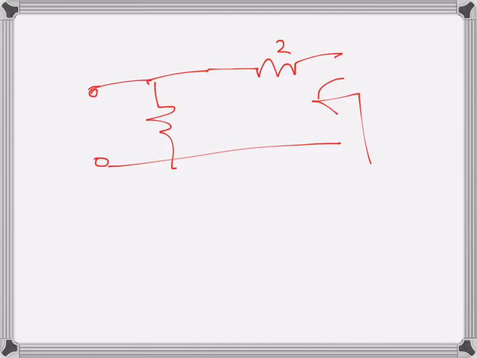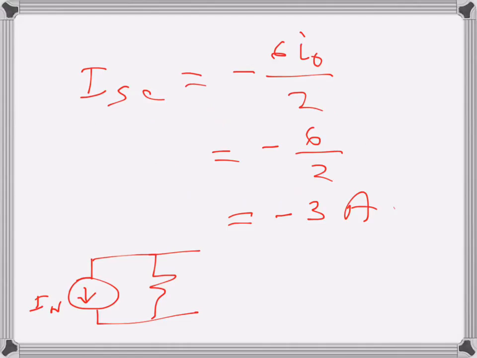It's pretty straightforward. 4 and 2 are in series because this is open here. So Rn is 6 ohms. So here this is 6 ohms and In is equal to 3 amps. So this is the Norton circuit as seen for that terminal, basically AB.